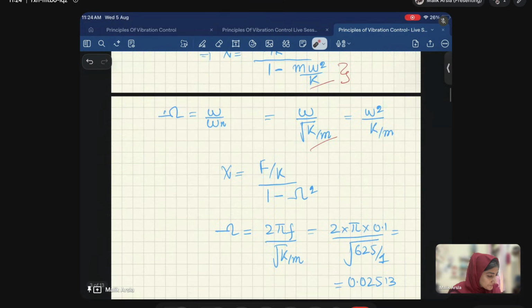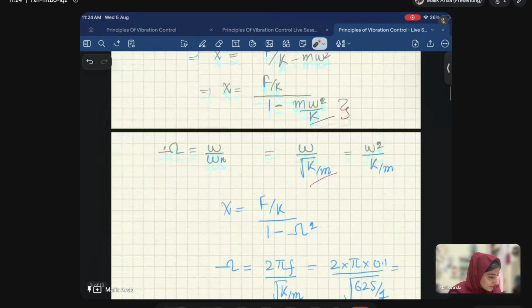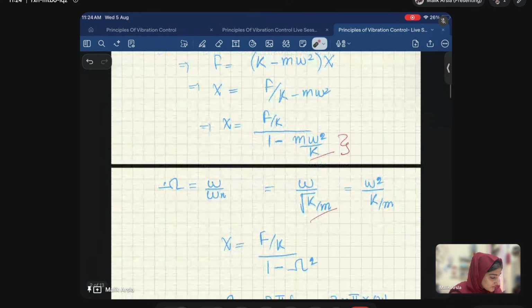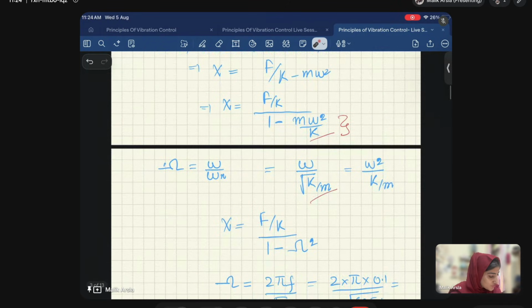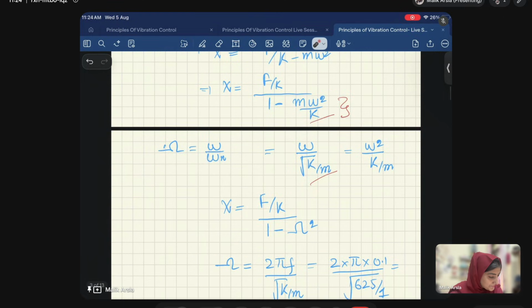Now you can see here that you can further simplify this thing, because you know that omega is basically the non-dimensional frequency ratio, which is the excitation frequency upon the natural frequency of the system.